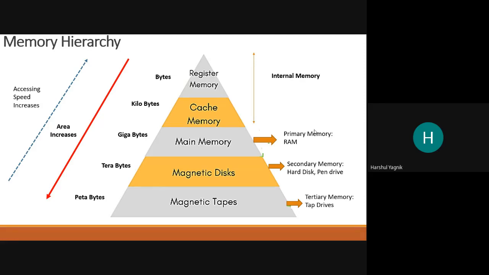So the communication between the CPU circuit and the memories, as per this pyramid, on the top the categories are the fastest category of memory. So this is the hierarchy of memory.